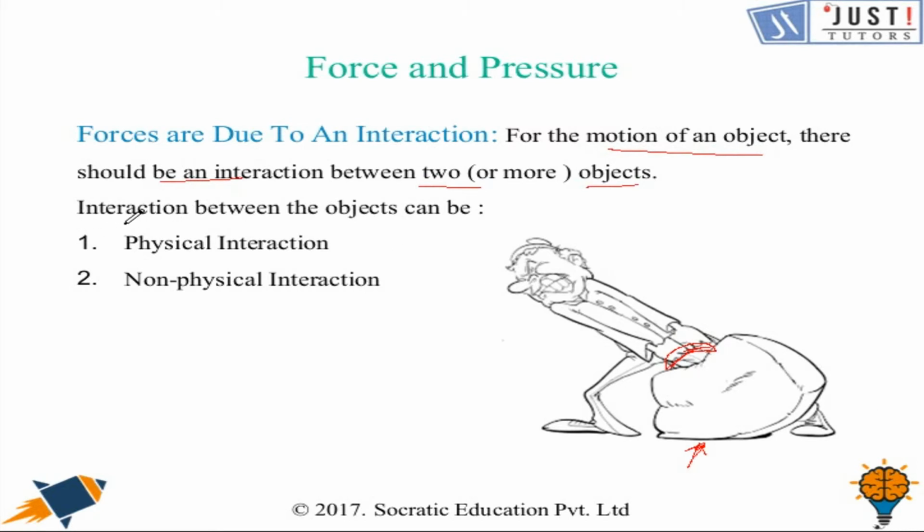Interaction between objects is of two types. One is physical and one is non-physical interaction. For example of a physical interaction, we can think of pulling a rope, hitting a ball with a bat, etc. Basically those forces where we touch or contact the objects physically have physical interactions, and the forces where there's no physical touch or interaction are non-physical interaction forces.